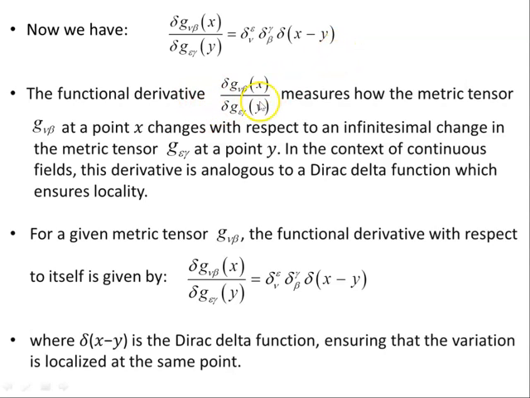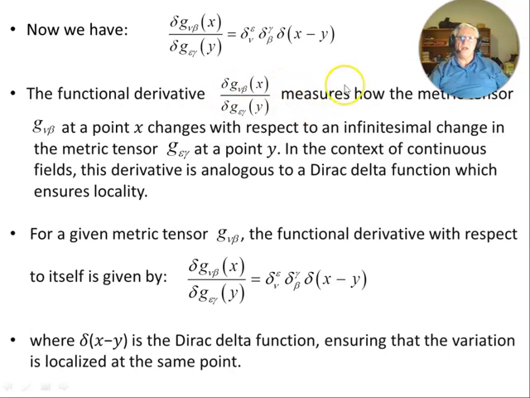Okay, so the functional derivative, I'll put that back now. So the functional derivative, this measures how the metric tensor G nu beta at a point x changes with respect to an infinitesimal change in the metric tensor G epsilon gamma at a point y. In the context of continuous fields, this derivative is analogous to a Dirac delta function, which ensures locality. Okay, so again, x and y are the same point.